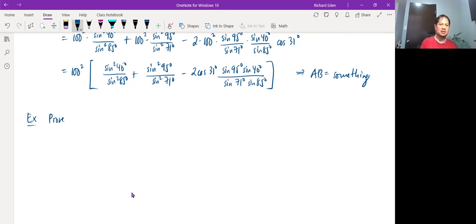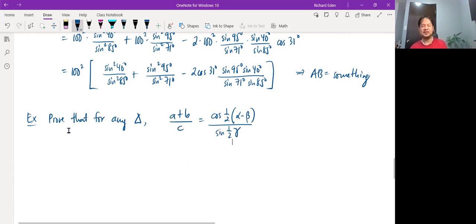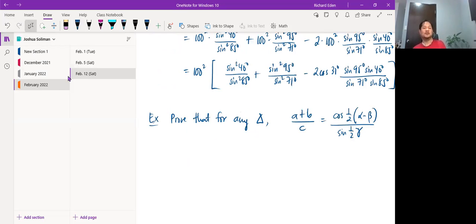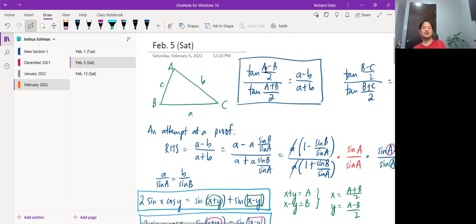Prove that for any triangle, (a + b) over c equals cosine of half of (alpha minus beta) divided by the sine of half of gamma. This looks so reminiscent of the law of tangents.